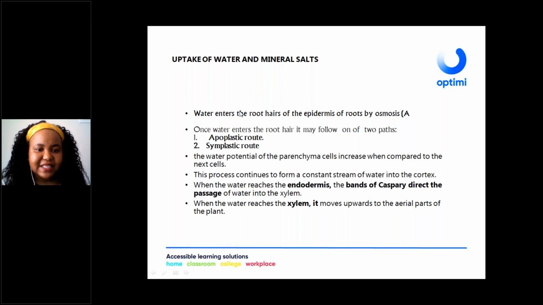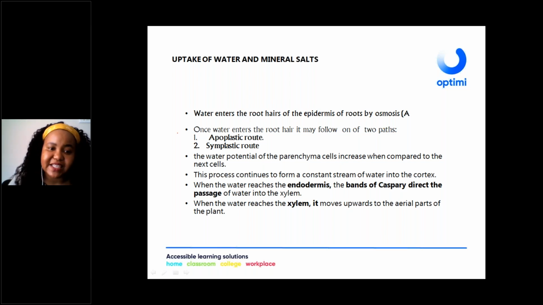Once it enters the root hair, it creates pressure, but we're going to be looking at that next. Okay, it may follow one of two paths. The first path is known as the apoplastic route, and the second is known as the symplastic route. Apoplastic, simply put, means that it travels within the intercellular spaces.